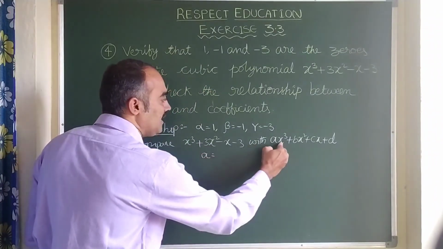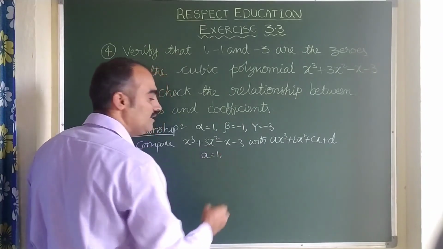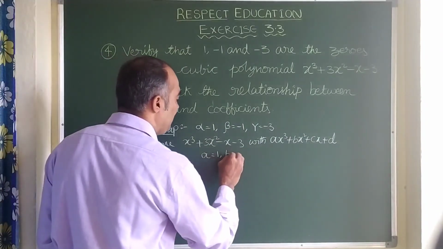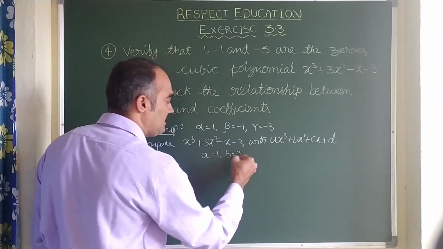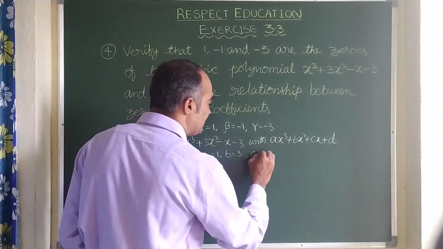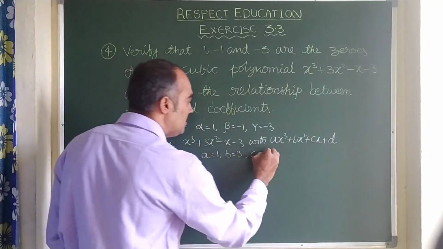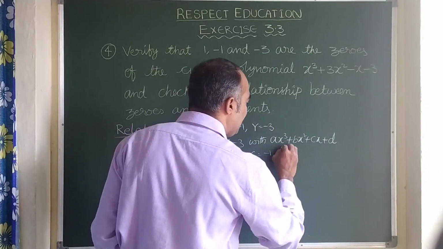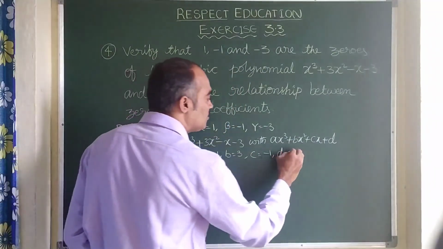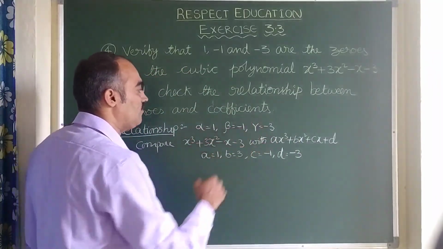The x cube coefficient is a, and here nothing is written, so a is 1. The coefficient of x square is 3, so b equal to 3. The coefficient of x is minus 1, so c is minus 1. D is the constant, here minus 3. So these are the values of a, b, c and d, and these are the values of alpha, beta and gamma.